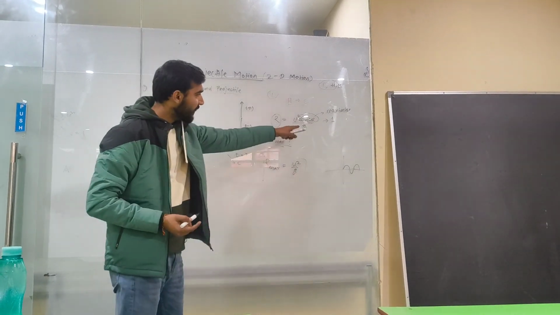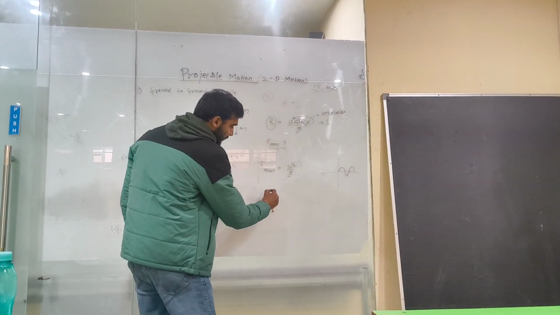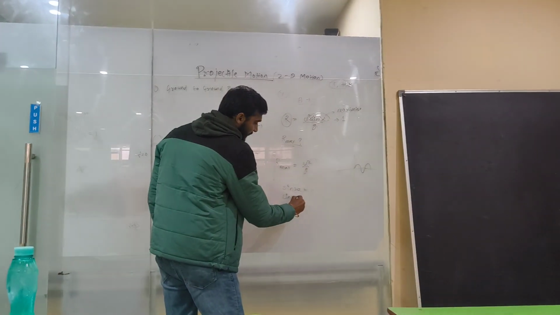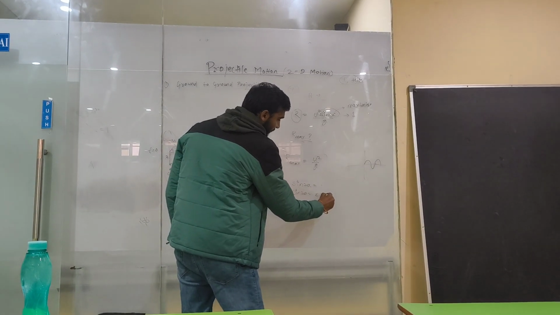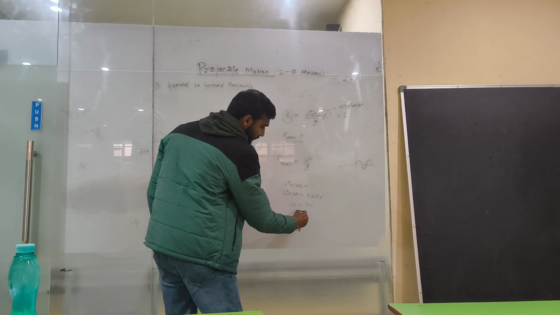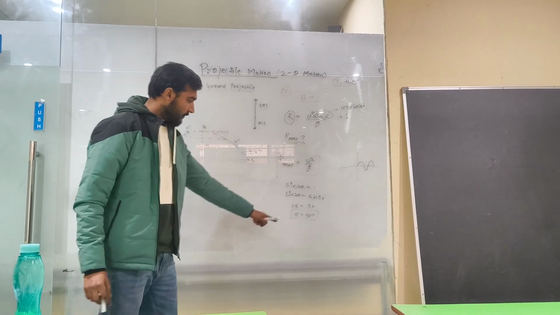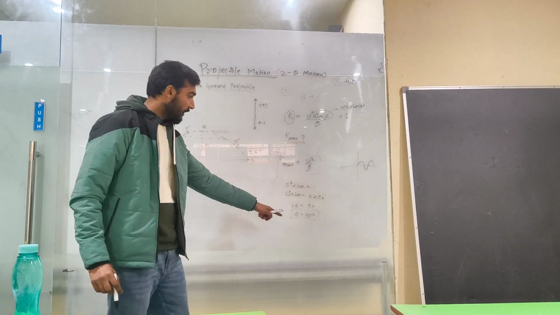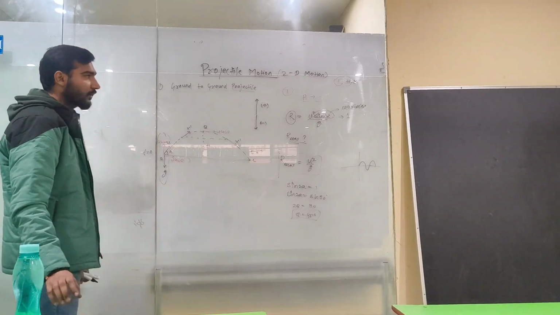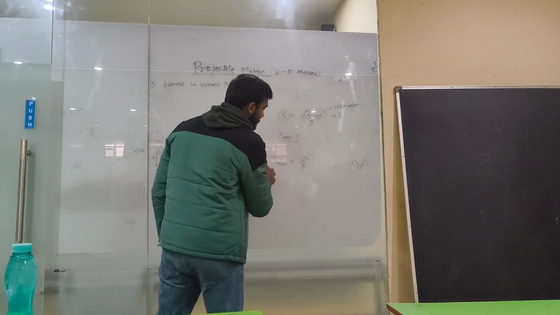There is some angle because we have put the value of sin 2 theta equals to 1. It means sin 2 theta equals sin 90. 2 theta equals 90. So theta equals 45. Yes. So at angle 45, range will become maximum. Okay. Any doubt? No. Okay.